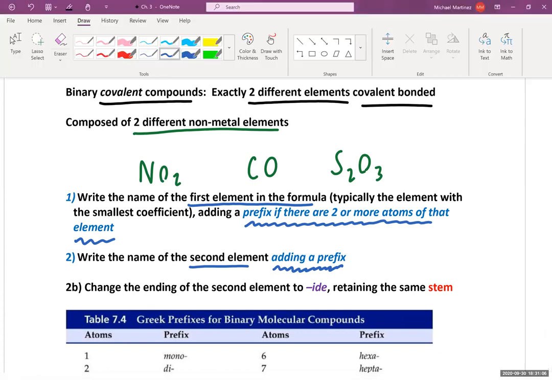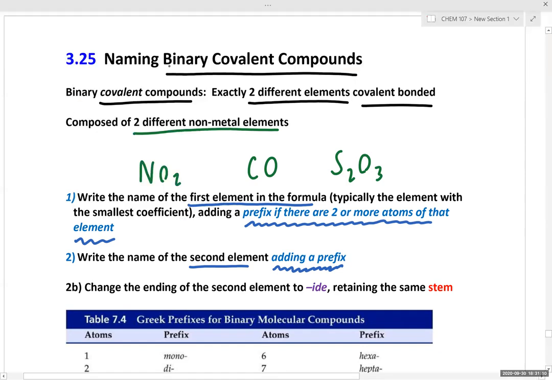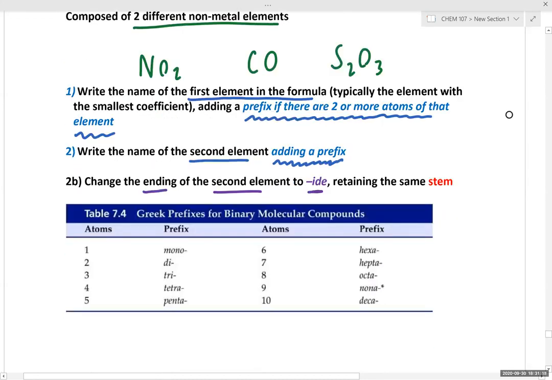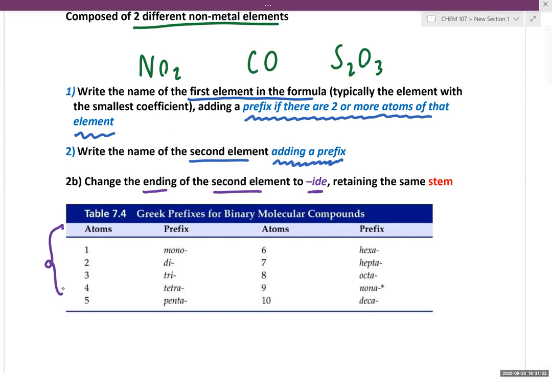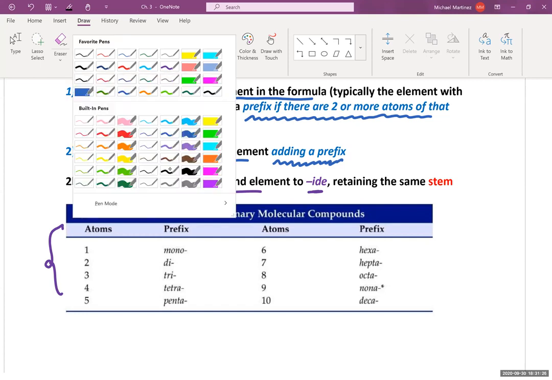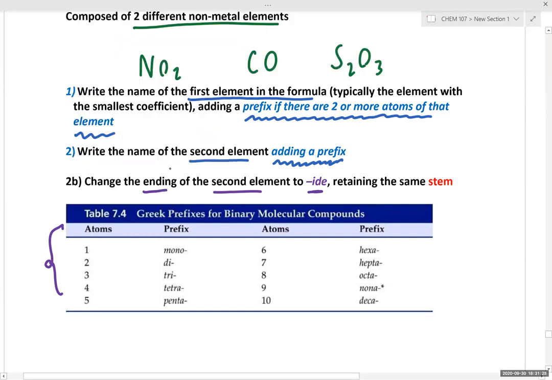Finally, just like before, when we dealt with ionic compounds, you change the ending of the second element to IDE. So here are the prefixes that you'll need to be familiar with. They're exactly the same as our hydrate prefixes, which certainly makes our lives a little bit easier.